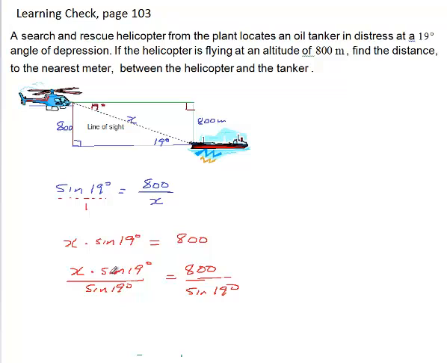The sine of 19 degrees cancels, and x is equal to 800 over the sine of 19, which turns out to be 2,407. Now does it say nearest meter? Yes, so no decimals. 2,407 meters, and you can check that on your calculator. So that's the solution to the learning check on page 103.